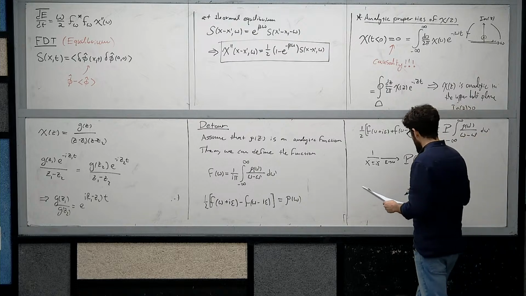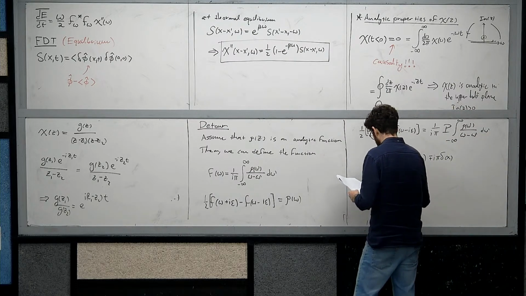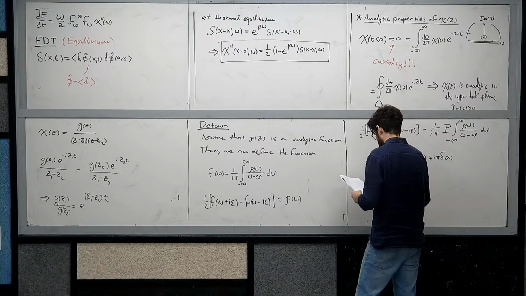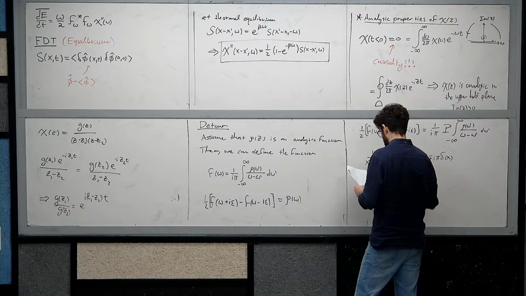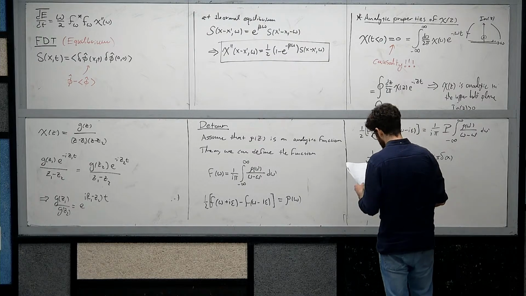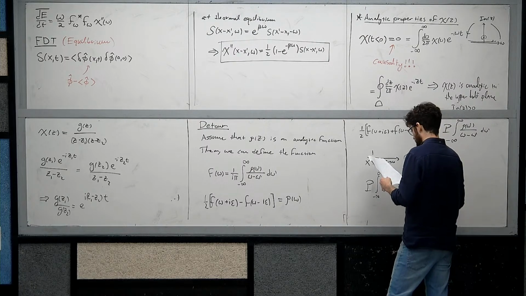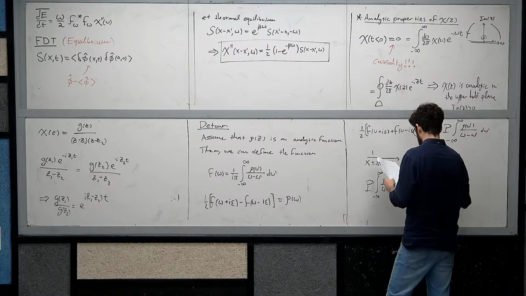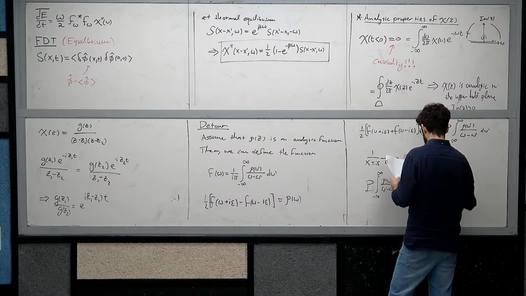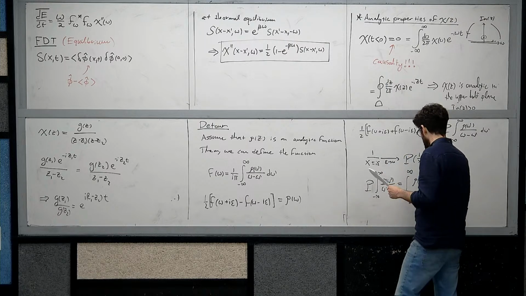And the principal value, in this case, of this integral from minus infinity to infinity, rho of omega prime minus omega... I think I made a mistake here, it's like writing an integral from 0 to infinity, rho of omega prime minus omega minus rho of omega, omega.